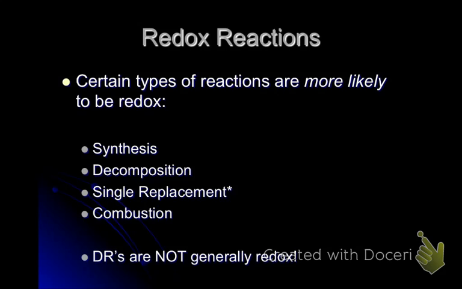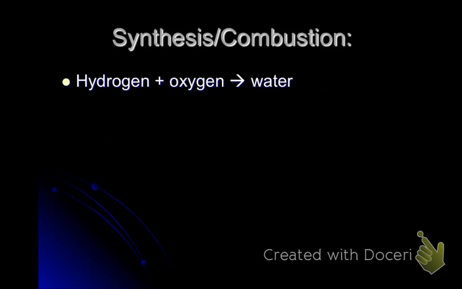Again, there are always exceptions to these, but basically speaking, and I put a star next to single replacement because that's always going to be redox. Just a rule of thumb. So pretty much everything can be. Single replacements are 100% of the time, and then double replacements usually not. So that's just guidelines, and we'll do some examples.